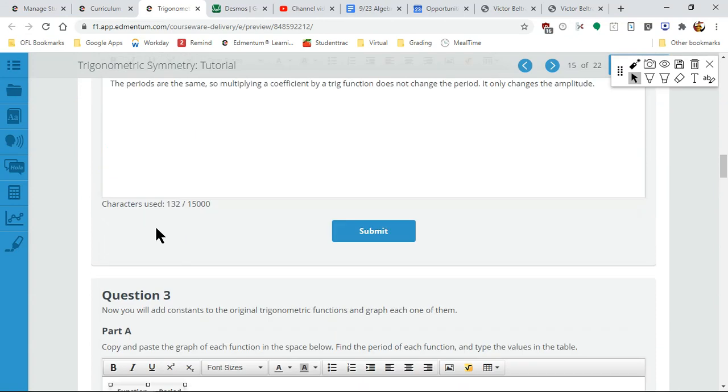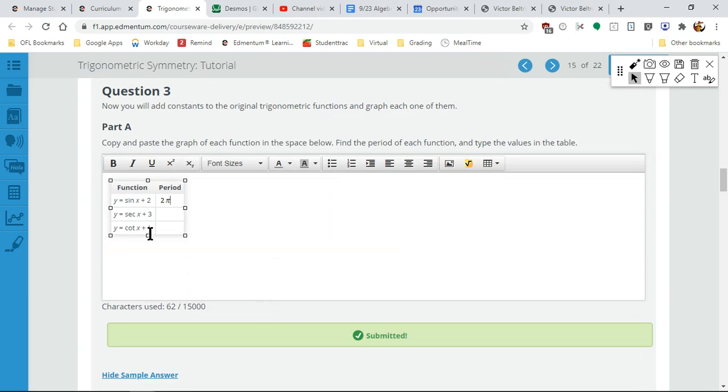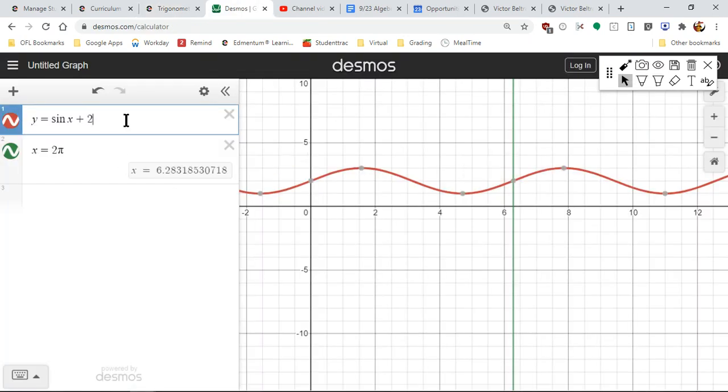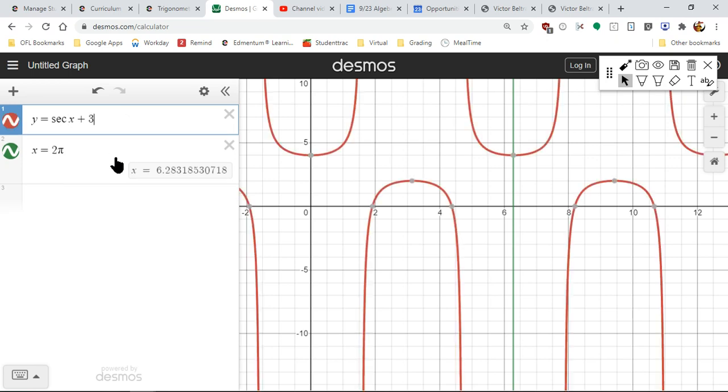Copy the 2 pi. I'm debating if it would be faster if I do it the other way. Secant is the opposite of cosine, right? Or not the opposite, the reciprocal of cosine. So if we change this to a plus 3 and we change this to secant, plus 3, not plus c, we see that everything kind of just went up 3.